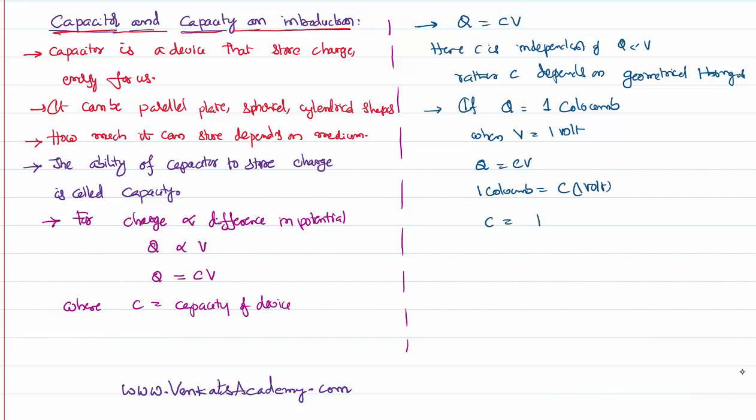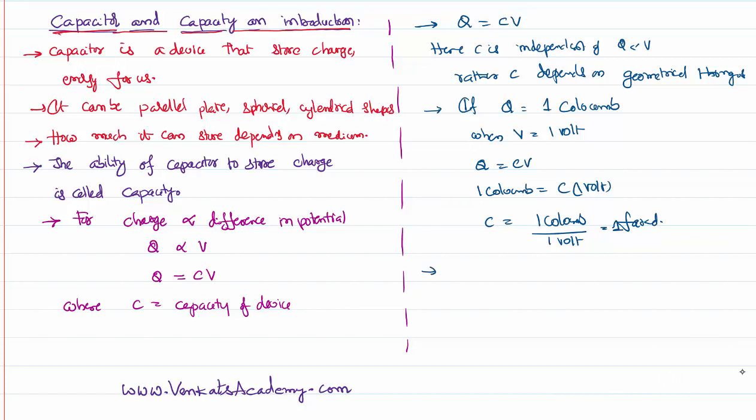So capacity is 1 coulomb by 1 volt. It is named after a scientist, and is called farad. So capacity is measured in farad, and we call this 1 farad.